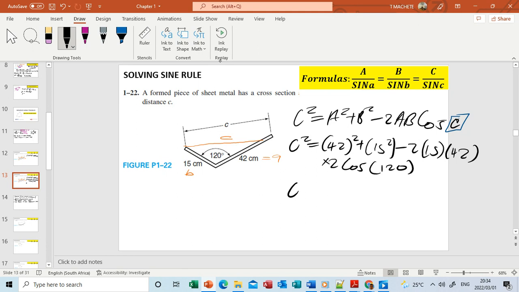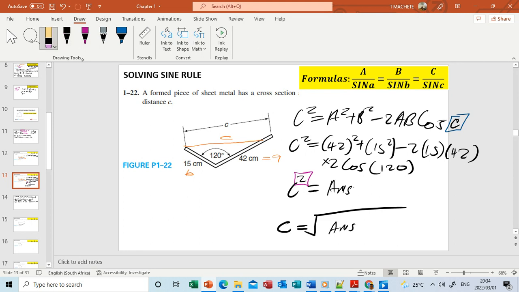Then C squared will be equals to, you just punch everything on the calculator, but your final answer must be C, not C squared. Your final answer, you must remove the square root. So your final answer should be whatever answer you get here. Whatever answer you get, you put it here under the square root.